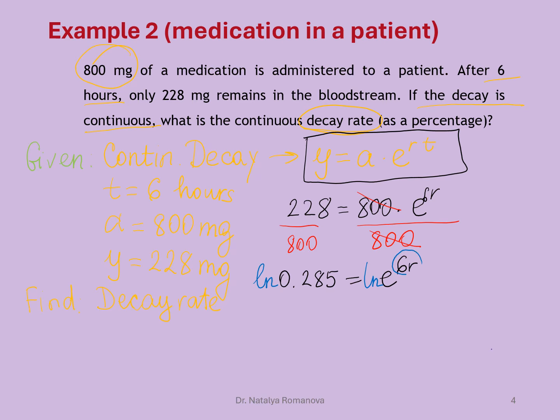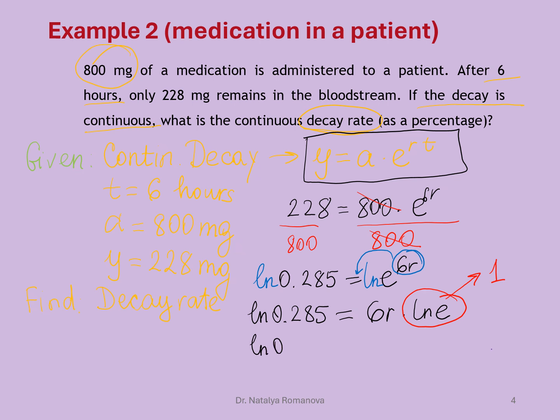So 6r goes to the front of the logarithm. The next step, we can write ln 0.285 equals 6r times ln e. ln e is 1. So now we have ln of 0.285 equals 6 times r.